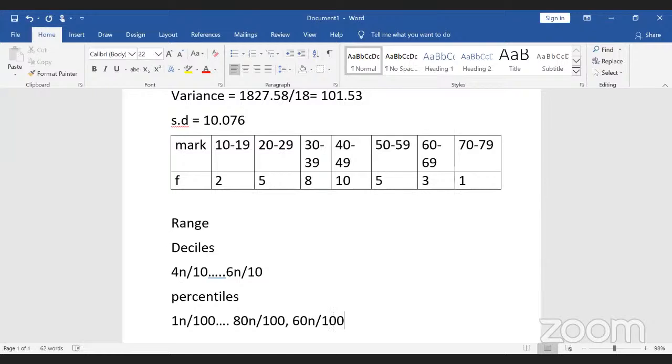Make sure that you have that one correct. That is a decile as well as the percentile. So a similar formula will be there for use. If we are looking for the 80th percentile, we'll say L plus 80 times n over 100 minus CF over F times I. Any question?